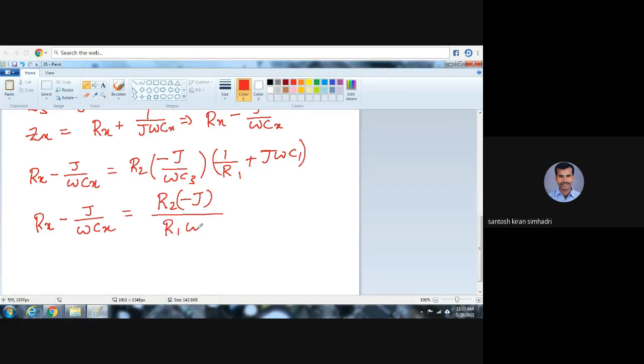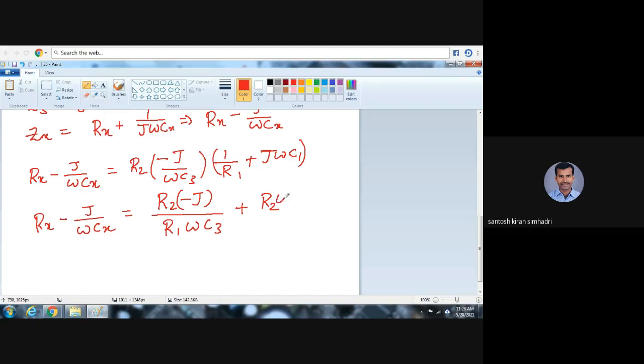The next expression is plus. What is the value of J into J? Minus 1. Everyone knows very well that J into J is minus 1. Lakshmi Narayana, is it okay? Yes, R2, yes sir. Yes, thank you, Nana.